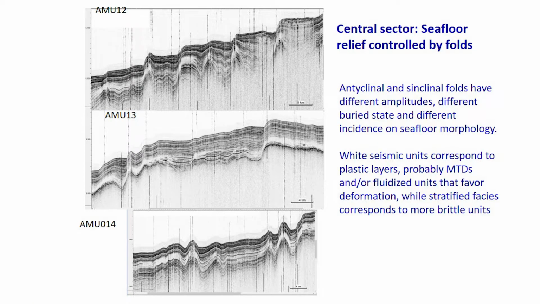These are examples of these faulted reliefs. Also, on occasion, these faulted reliefs are faulted in the axis, and in some cases you can also see intrusion of fluidified materials.